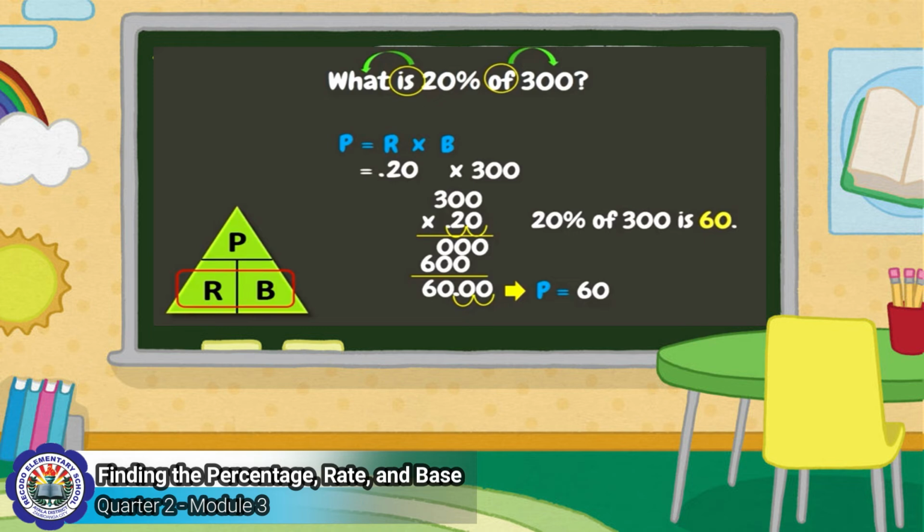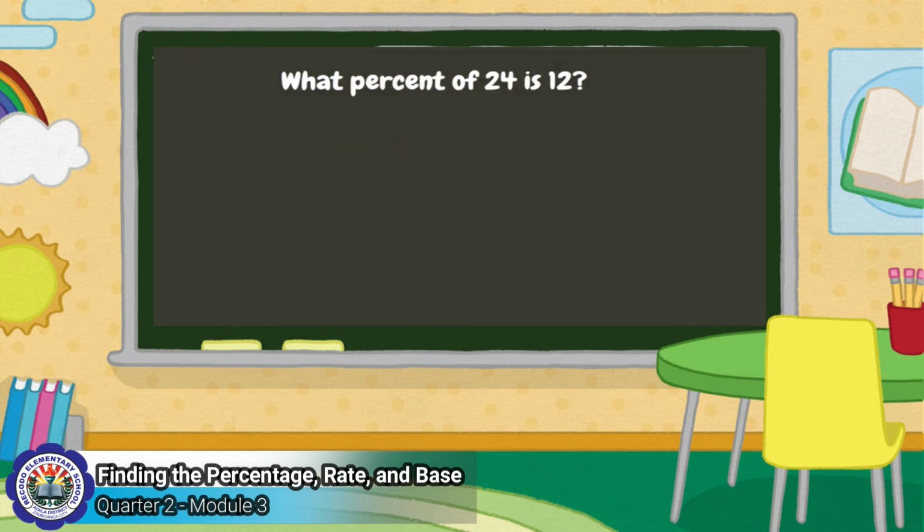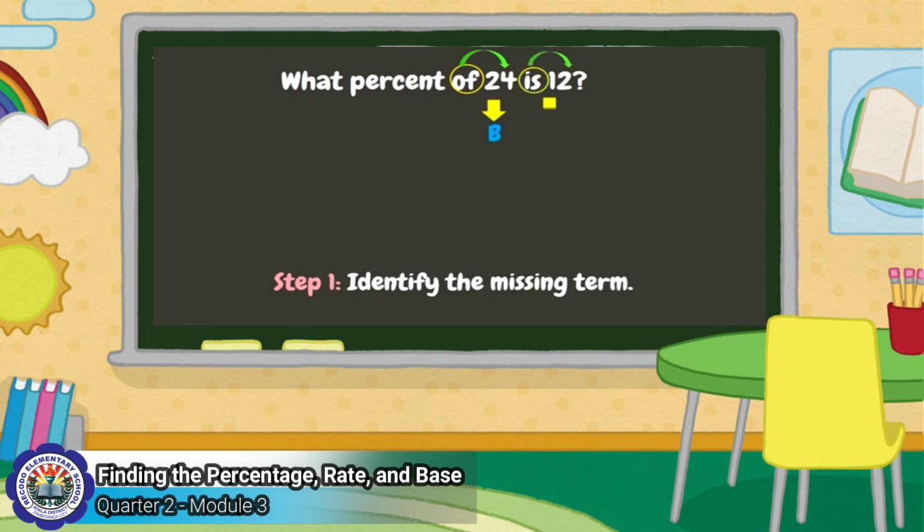Great job. Let's try another. What percent of 24 is 12? Again, let's identify first the missing term. Since 24 comes after the word of, that is our base. And 12, which comes after or beside the word is, is our percentage.